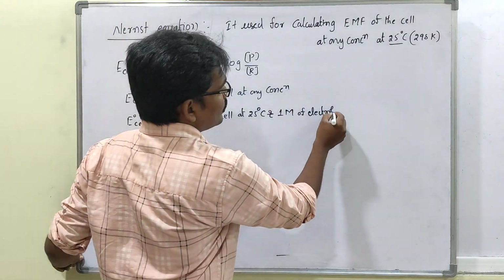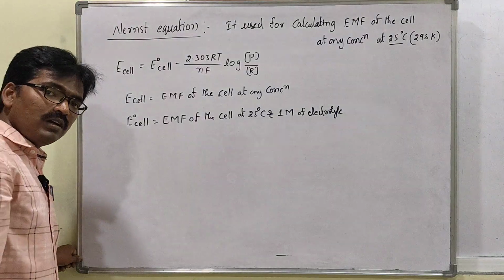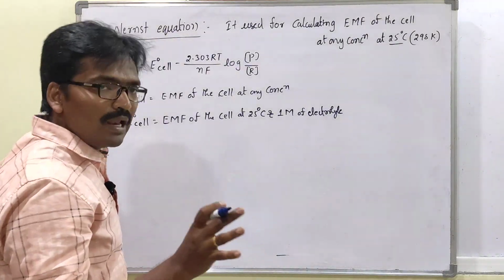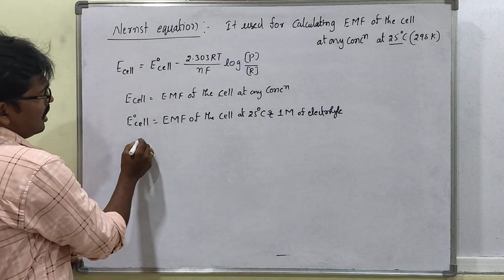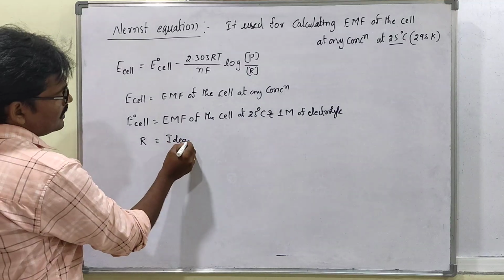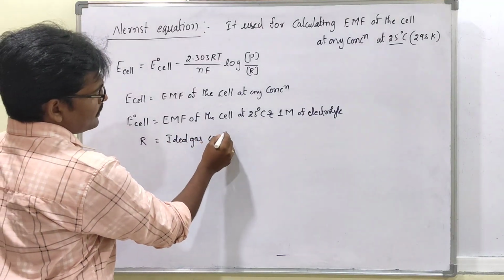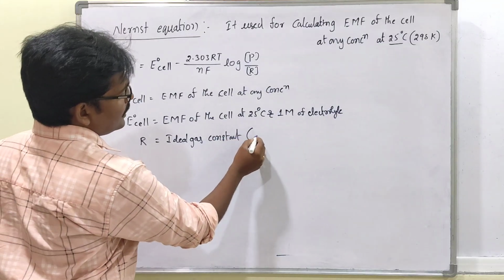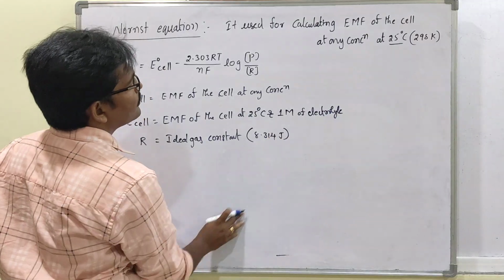When we are using 1 molarity of electrolytes in both anodic and cathodic cells, we have to use only 1 molarity of electrolyte. Then next, R is the ideal gas constant, and we have to use the value 8.314 joules.